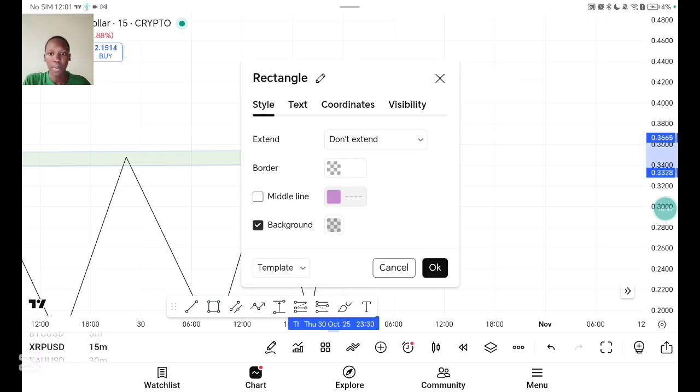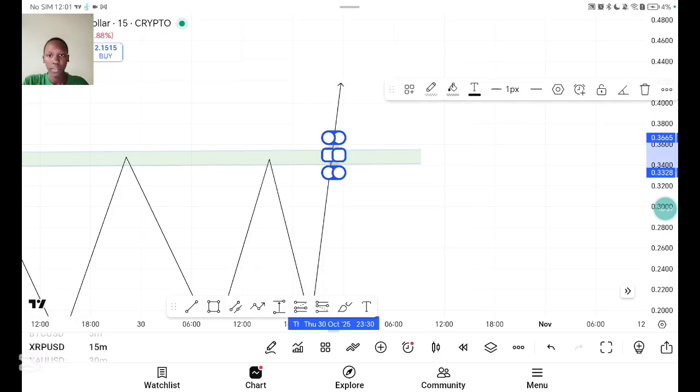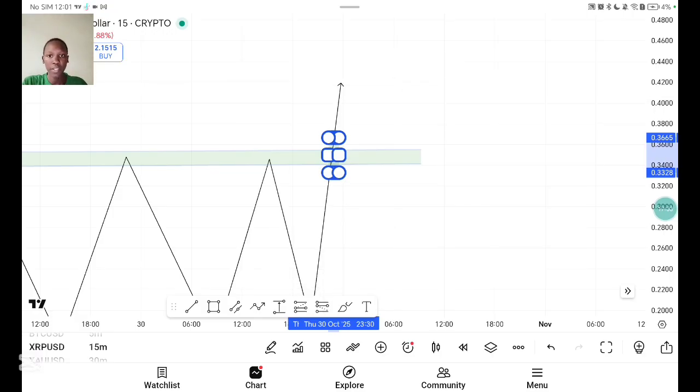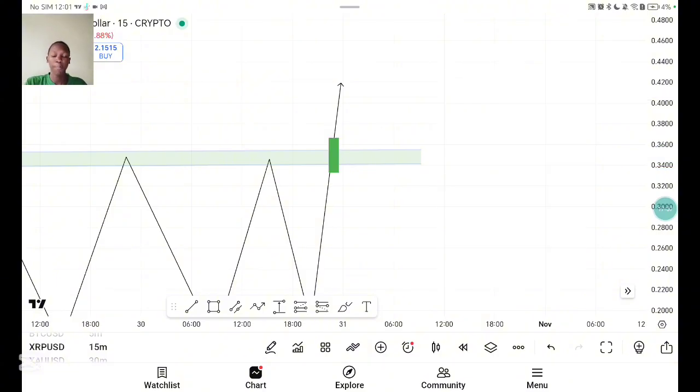Let me show you what you need. You need the price to close above the zone, like this.